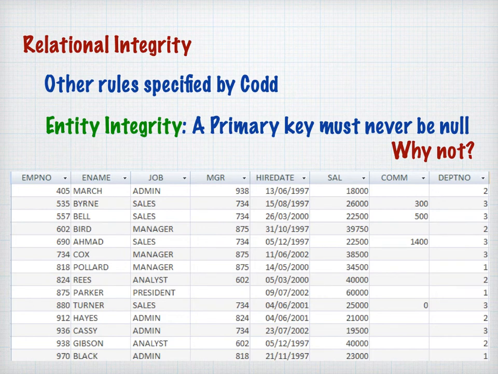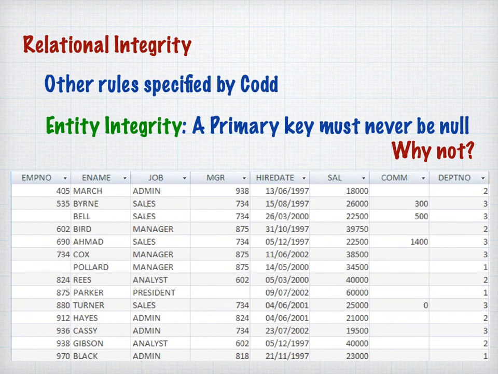This is clear if we actually remove some of the emp numbers. So for example, say I remove the emp number for Bell and Pollard. Let's imagine that I allow primary keys to be null. Null here means blank, empty. What we've done now by allowing a primary key to be null is we've lost that retrievability process.